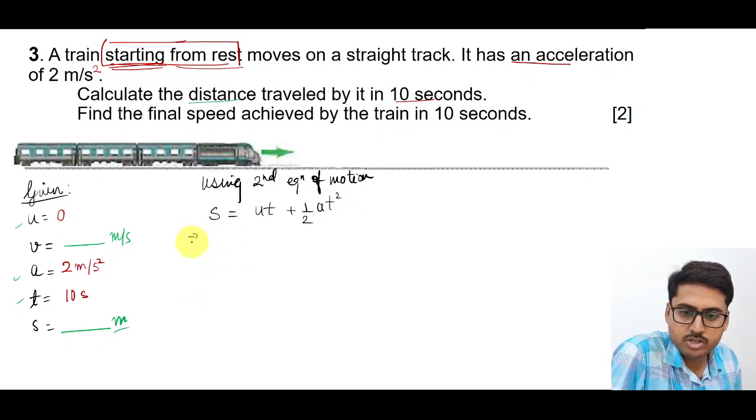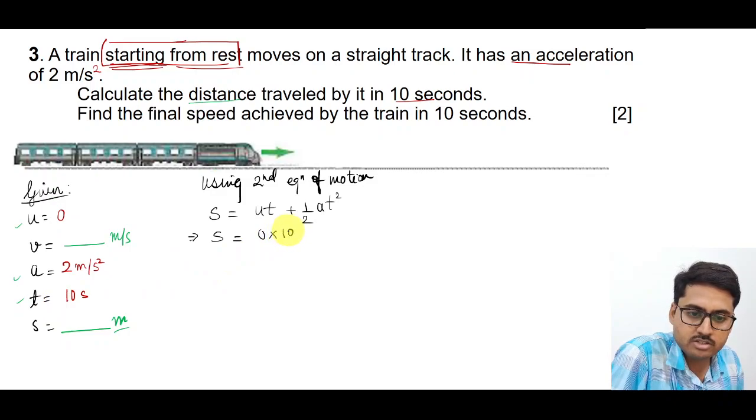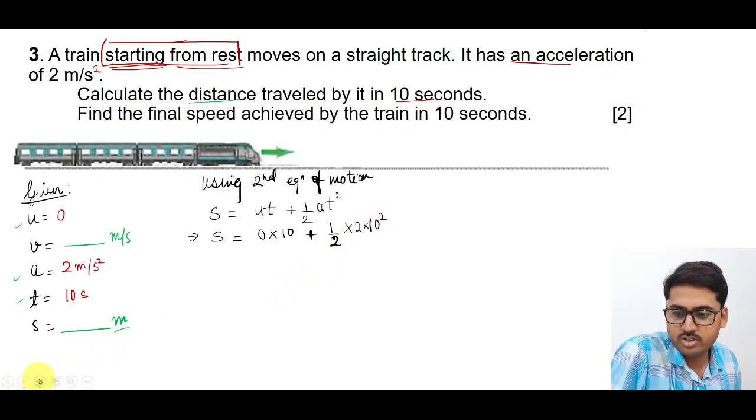This implies we are calculating S, so S will be equal to u is 0 multiplied by t, time is 10 seconds, plus half a is 2 and t is 10, so this is multiplied by 10 square. Here I often see children making the mistake of adding 10 and 1 by 2.